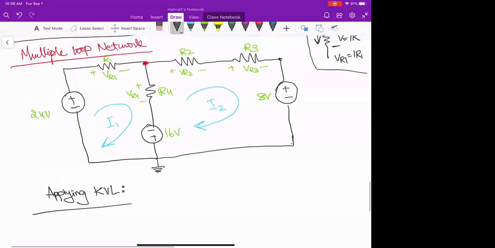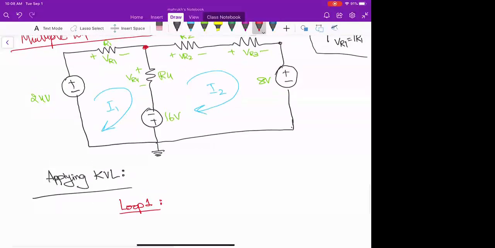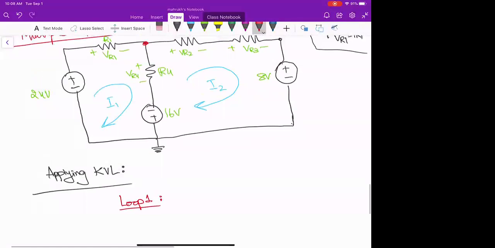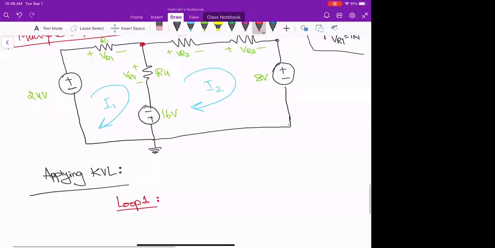Applying KVL in the first loop. What should be the equation I should write? Can you write with me? So first loop, loop 1, where I1 is flowing. I am starting from 24 volts.